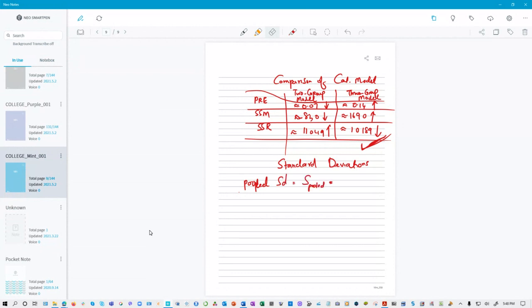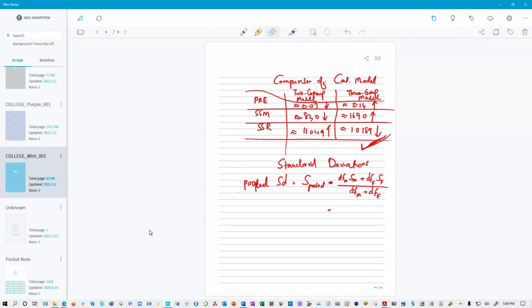You know how to calculate it. It's nothing but degrees of freedom of male times standard deviation of male, plus degrees of freedom of female times standard deviation of female, divided by degrees of freedom of male plus degrees of freedom of female.